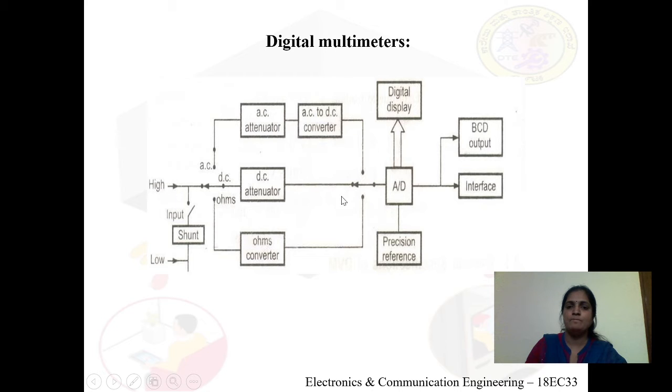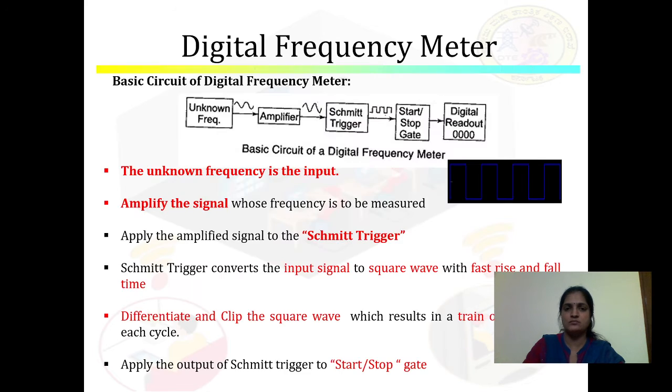Finally the output will be obtained in digital form, and we have a digital display option. The same can be interfaced with further devices using the interface branch, or it can be directly available with the BCD output. This is what we were discussing in the previous session, the digital multimeter.